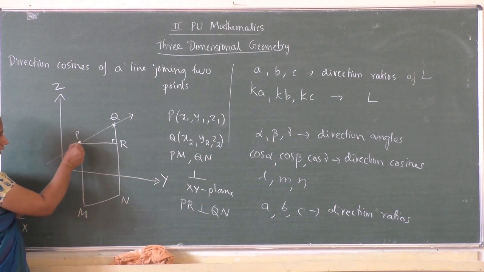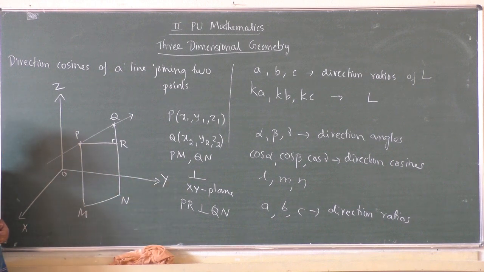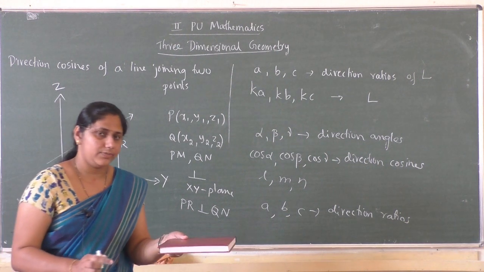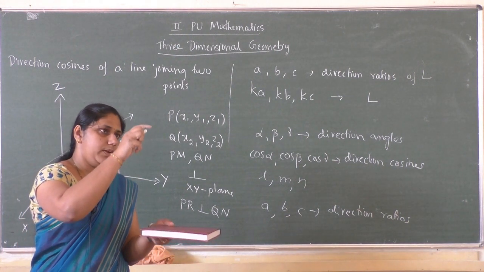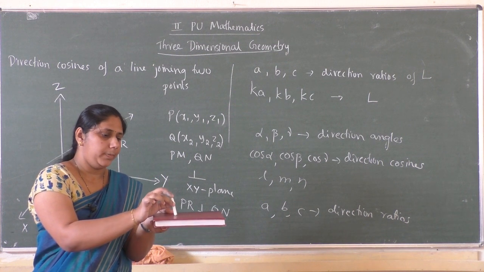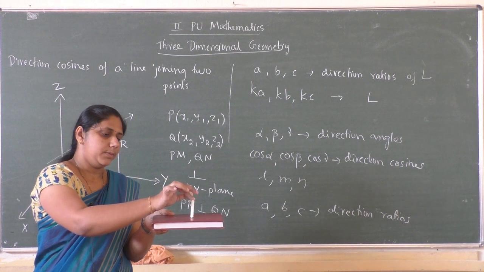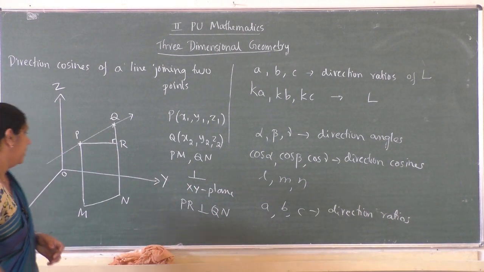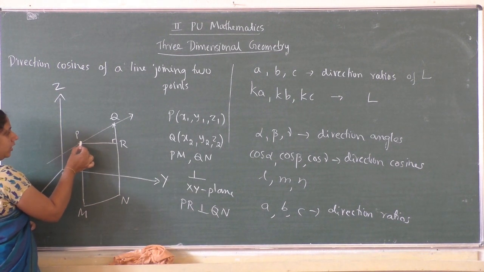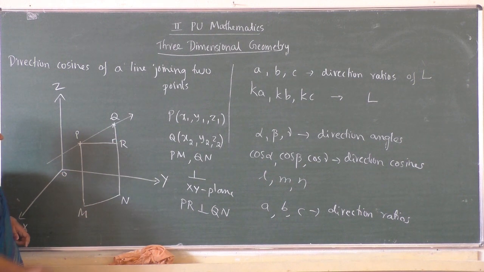Then you have to draw PM and QN, which are perpendicular to the XY plane. Suppose this is the XY plane and this is a point P. From this you have to draw a perpendicular, like this. This is the perpendicular PM and this is the perpendicular QN. Once you draw the two perpendiculars, then you have to draw one more perpendicular PR to QN.